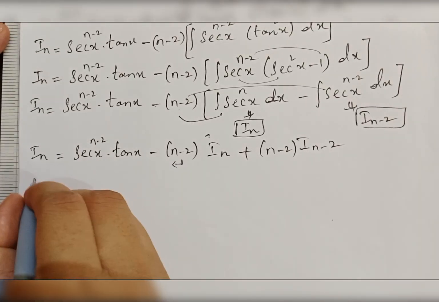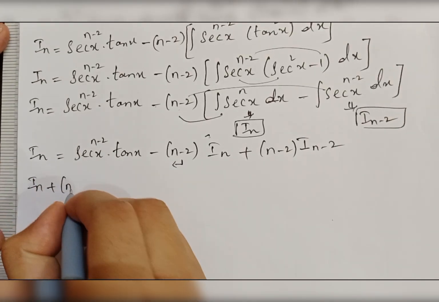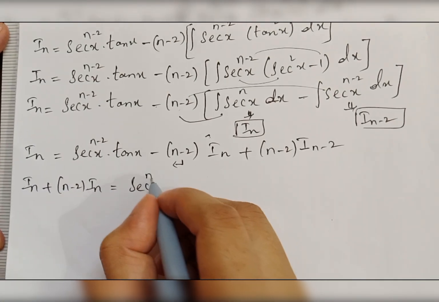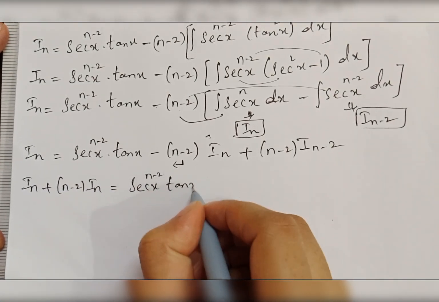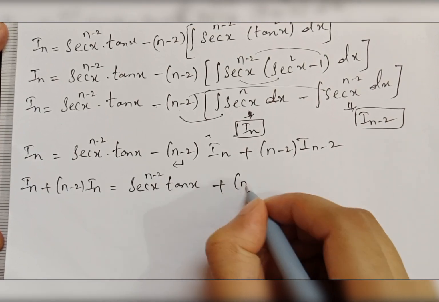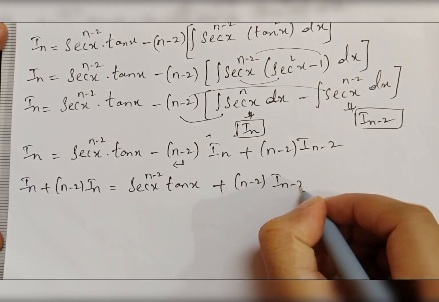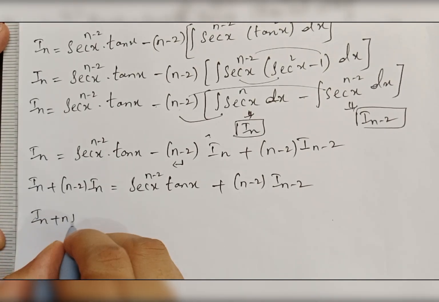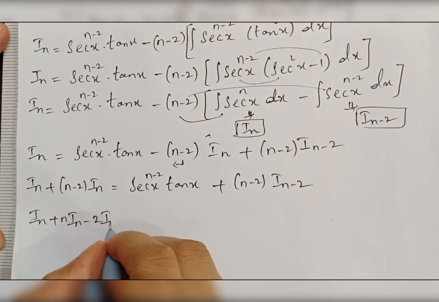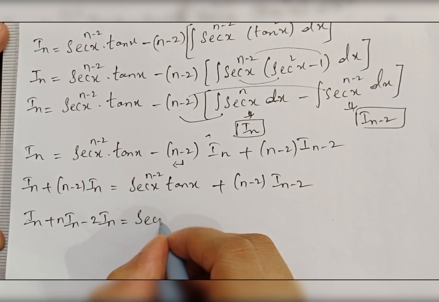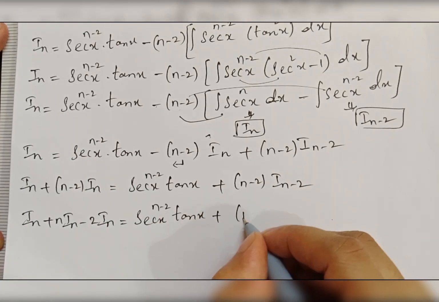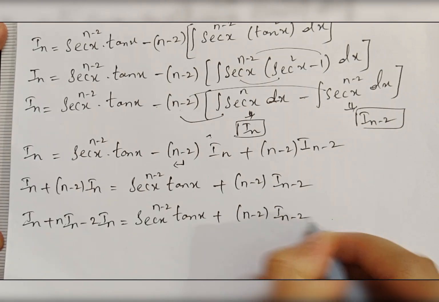Now transposing this term over here, it is I_n plus n minus 2 into I_n is equal to secant x power n minus 2 into tan x plus n minus 2 into I_(n minus 2). Multiplying inside, it is I_n plus n I_n minus 2 I_n, so subtracting we get n I_n minus I_n is equal to secant x power n minus 2 into tan x plus n minus 2 into I_(n minus 2).